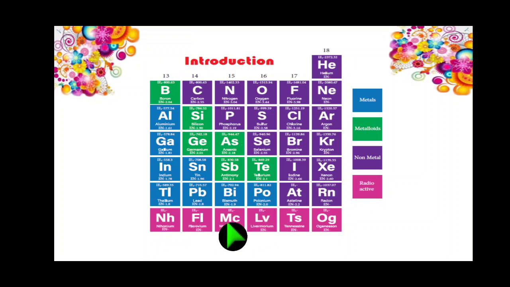The last in the period are radioactive: Nh, nihonium, flerovium, Fl, Mc, moscovium, Lv, livermorium and Ts, tennessine, then Og, oganesson. So the last period is radioactive, right?